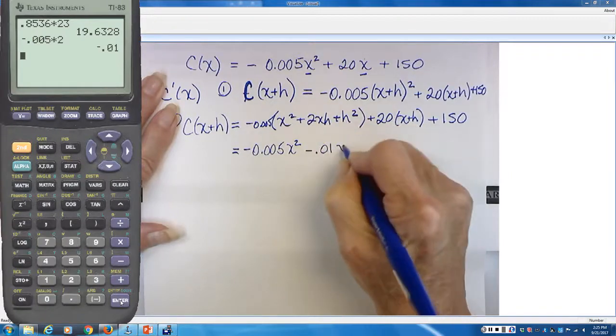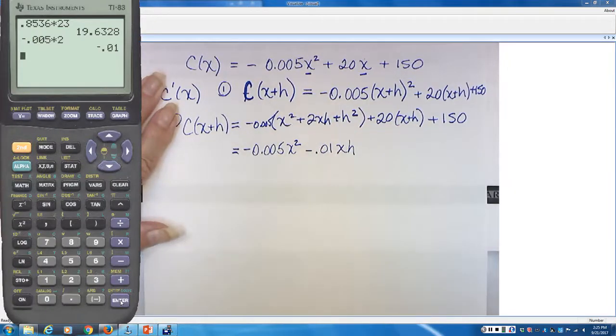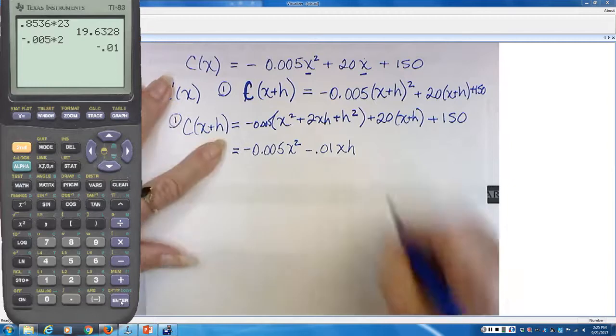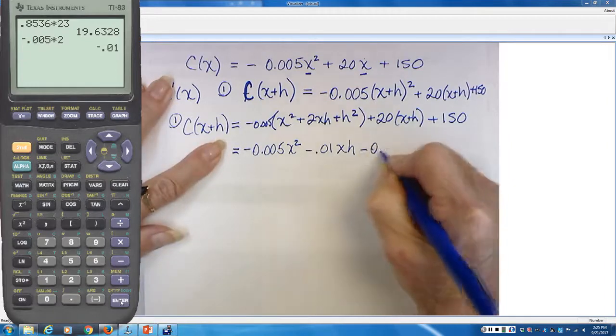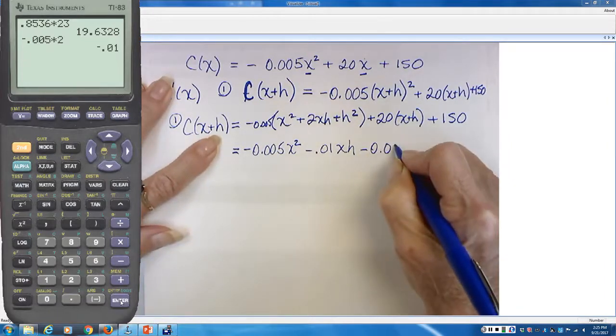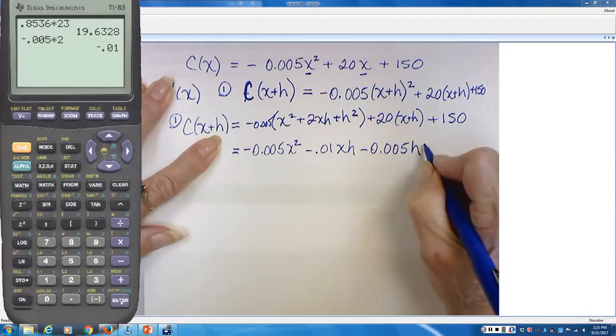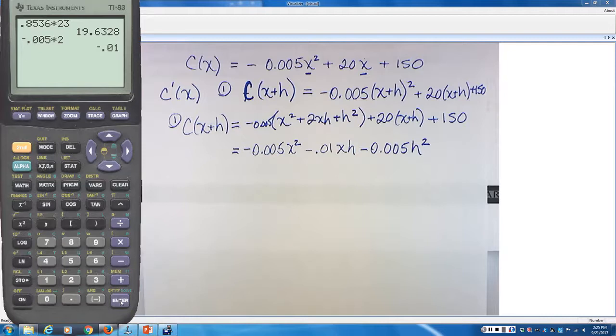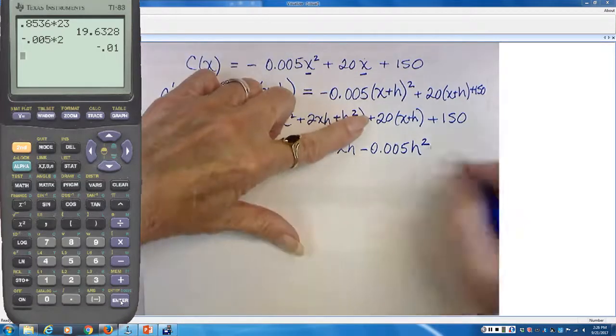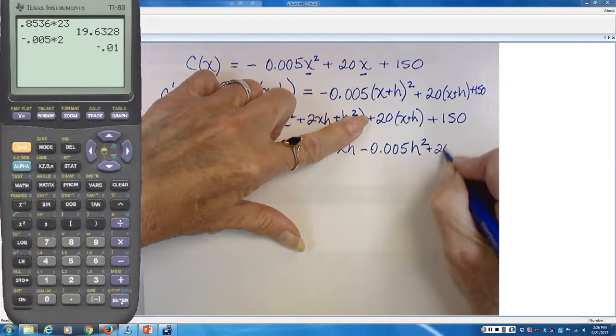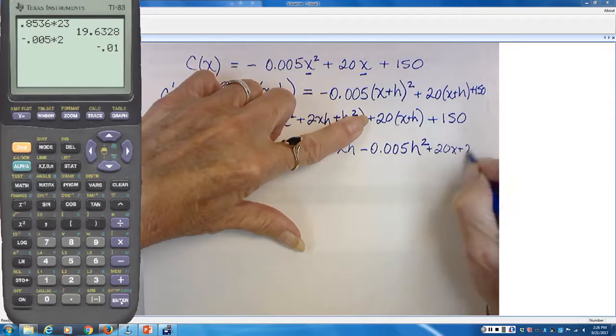And that's XH. And then minus 0.005 times H squared plus 20X plus 20H, oops, plus 150.